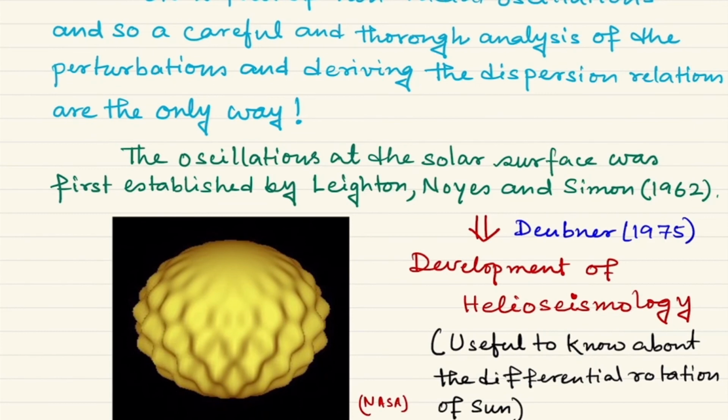The concentric spherical shells or layers rotate with different angular velocities. By using proper helioseismology analysis, one can know the radial dependence of the angular velocities in various parts inside the body of the Sun. Okay, so that was all for this.